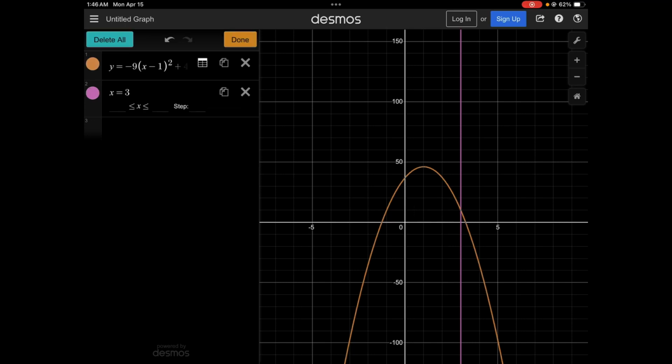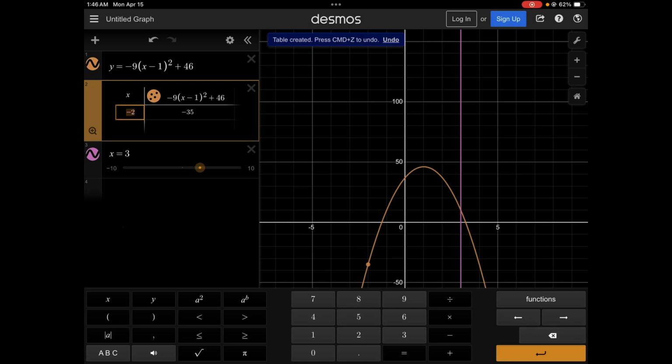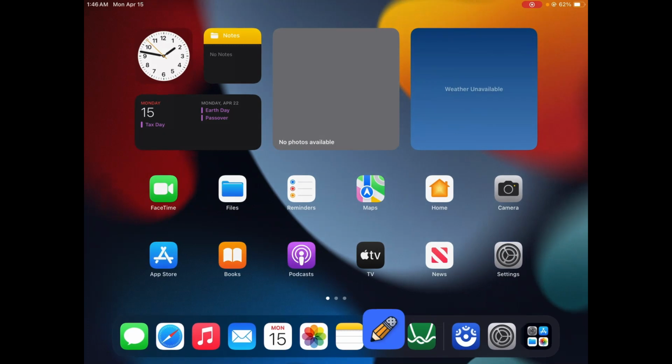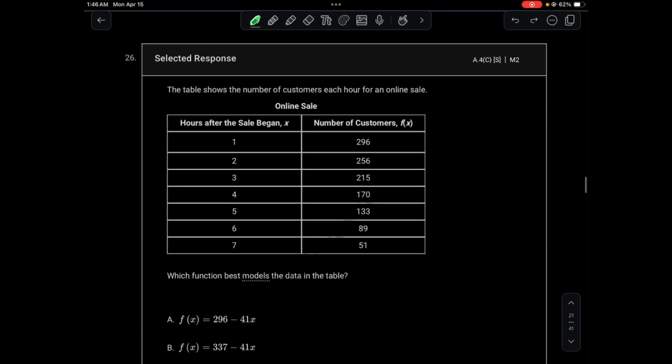If I want to do a table, and let's get rid of all the other points and put a 3, you see that it also goes to 10 on the table. And if I plug in x equals 3 and find the intersection, or if I tap it and slide my finger, either way, we see that the correct answer is D. Okay.